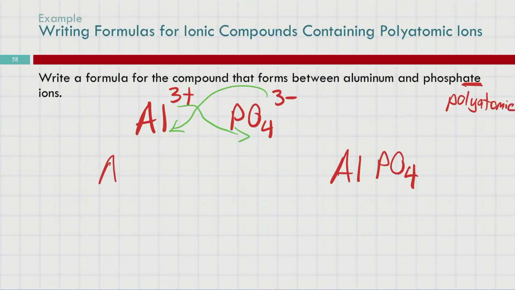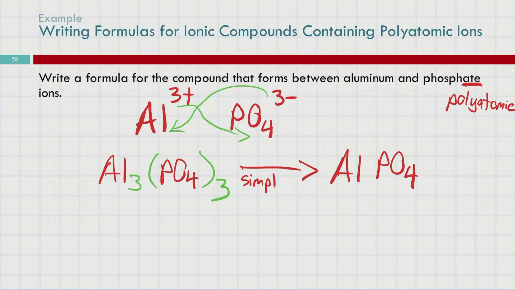We would get Al subscript 3, open parentheses, PO4, close parentheses, subscript 3. And then we would simplify to, you guessed it, AlPO4. Two ways of arriving at the same destination.